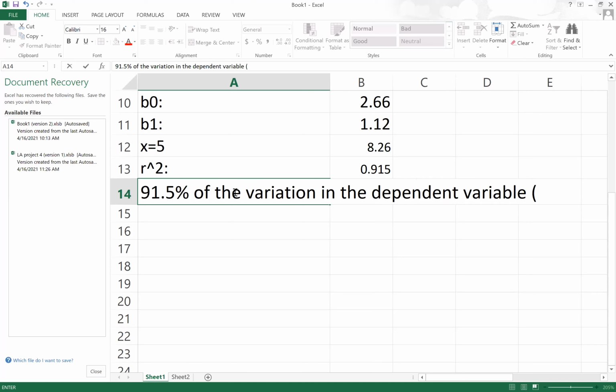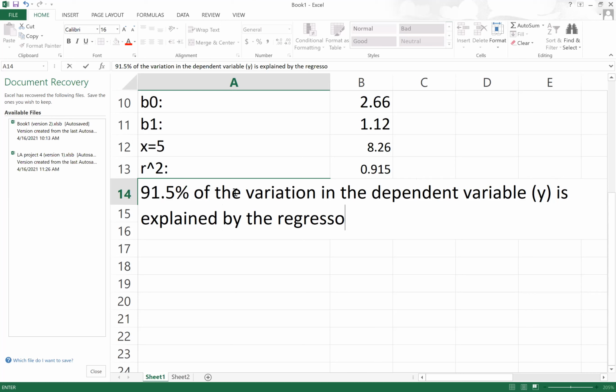Maybe you want to put Y, that's fine. Is explained by the regression model. You can also say explained by the independent variable. This is the final conclusion, right?